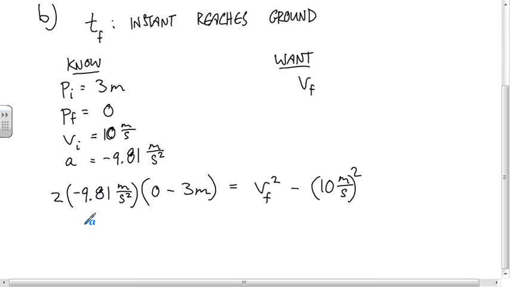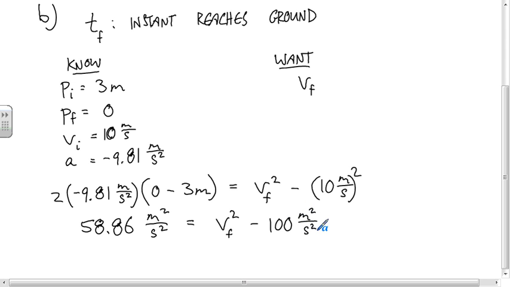And so you get a value of 58.86 meters squared per second squared is equal to VF squared minus 100 meters squared per second squared.